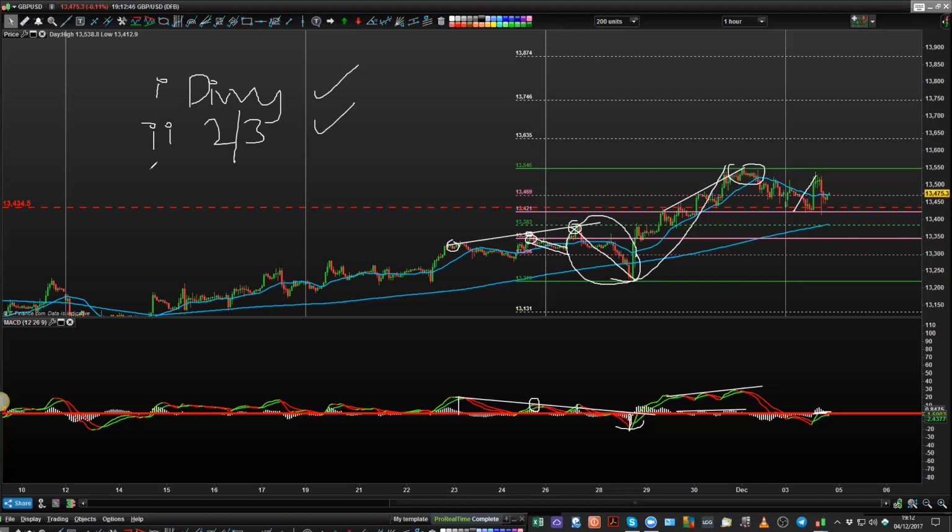And then the obvious ones, the move below or above the midline with the crossovers, and then the actual crossover itself of the MACD. You know, these areas here.